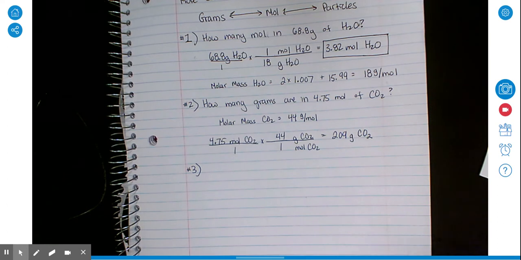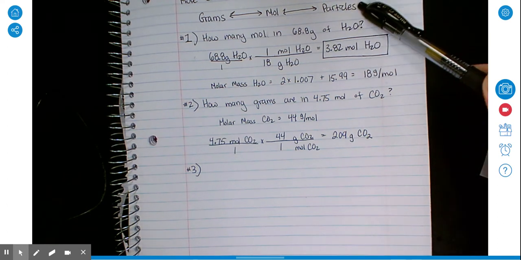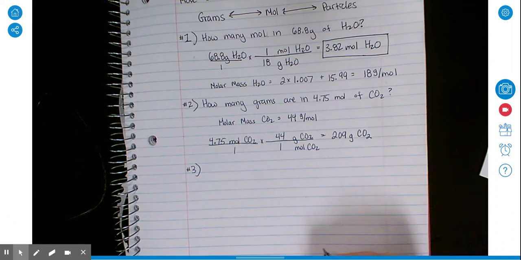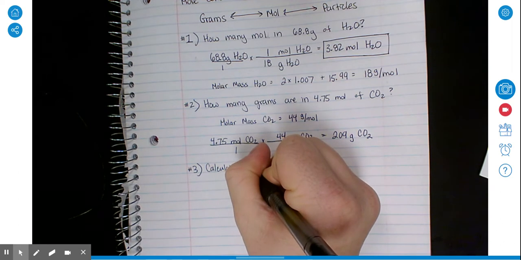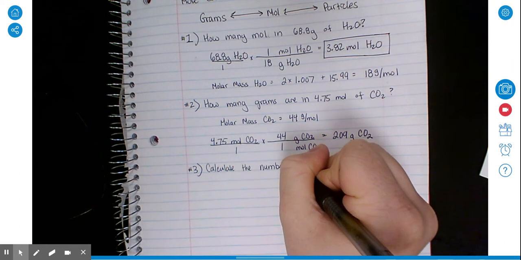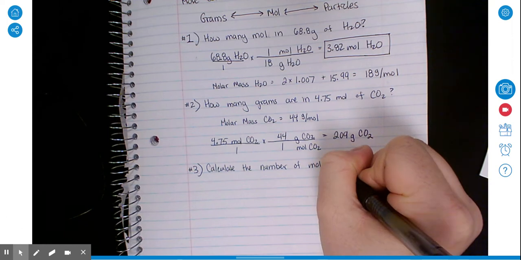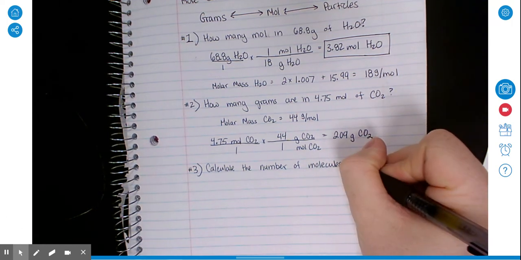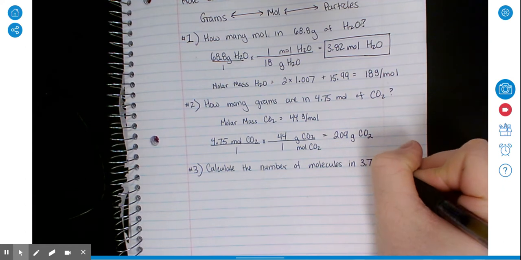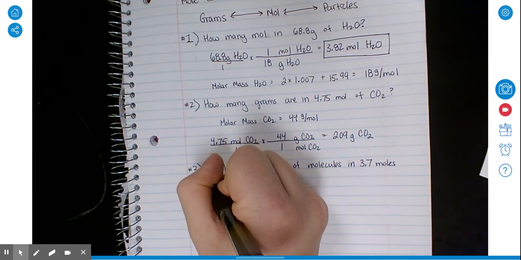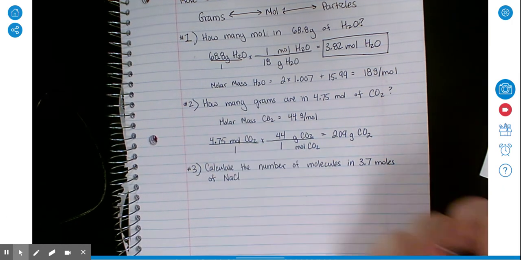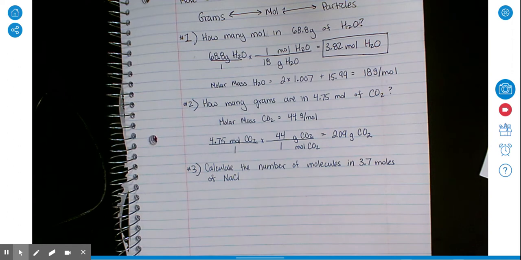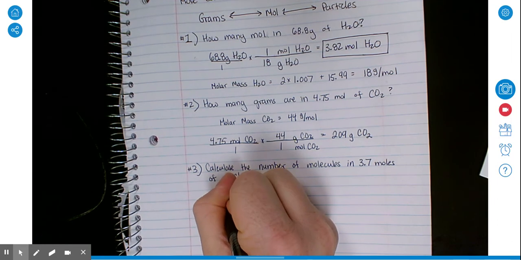Question 3, calculate the number of molecules. Remembering, molecules, particles, or atoms all kind of stand in. Calculate the number of molecules in 3.7 moles of sodium chloride, or NaCl. Again, we're working with a compound, so first step, got to determine the molar mass of that compound.